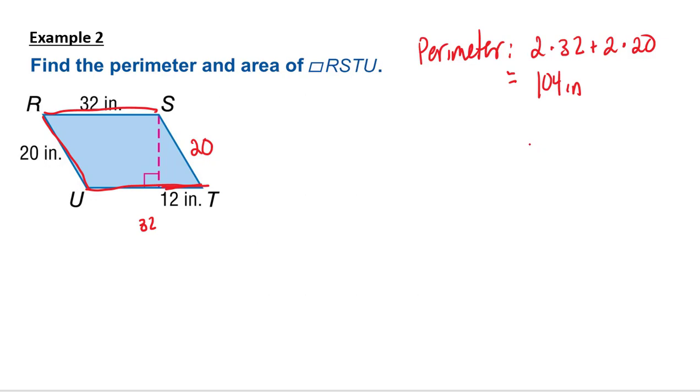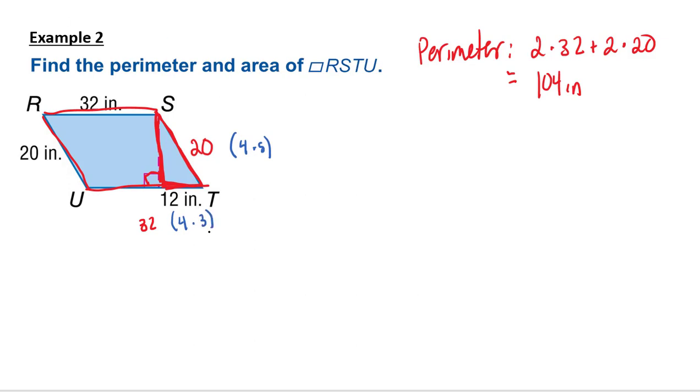Now the area is a little bit more complicated because we have to find this height. So we have to look at this right triangle here. I want you to recognize something right away. That's 20 here, which is 4 times 5. This here is 4 times 3.